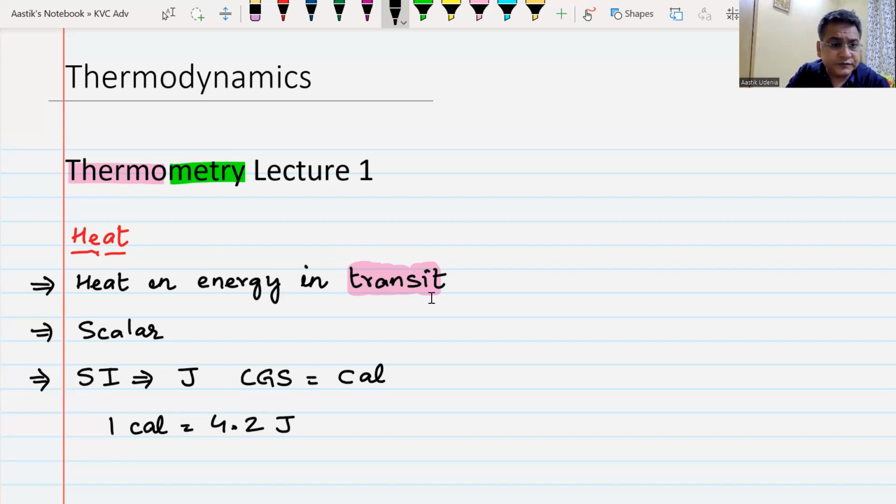Now, we are going to see a lot of terms in this chapter. One of the terms that we are going to get a lot of times in this chapter is internal energy. This internal energy of a body or any gas is because of the random motion of its molecules. We will understand this motion of molecules in the chapter known as kinetic theory of gases.